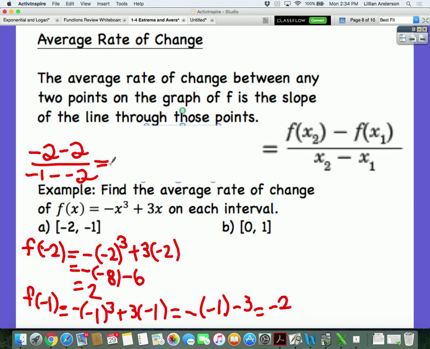What's -2 minus 2? -4. 2 negatives make a positive. What's -1 plus 2? So the average rate of change from -2 to -1 is -4.